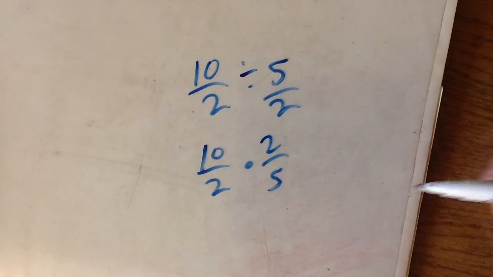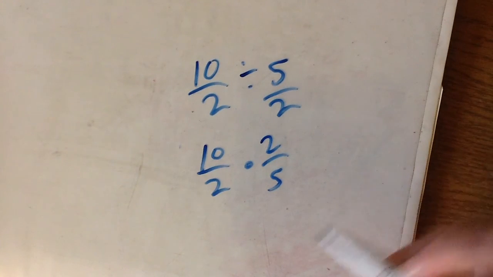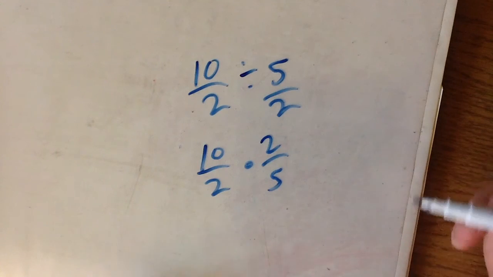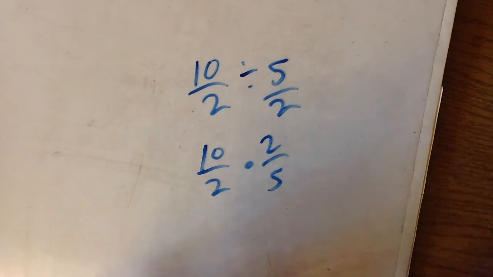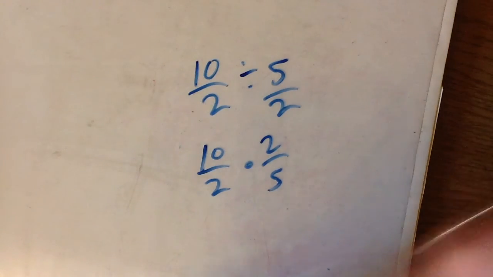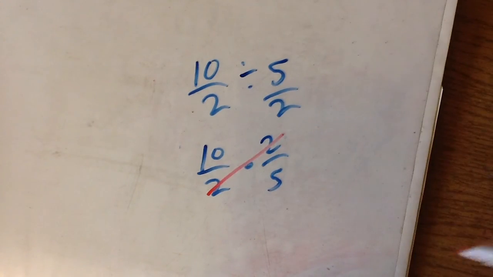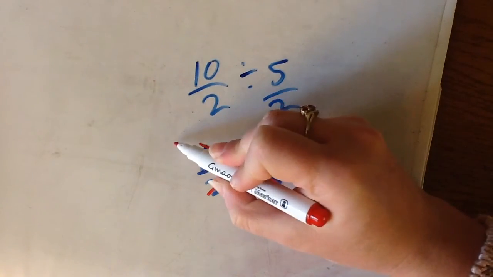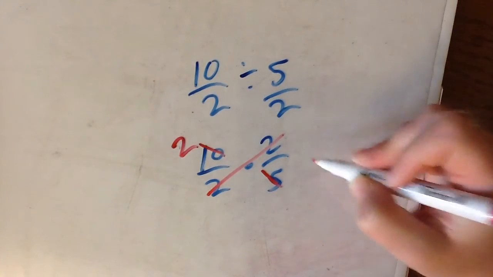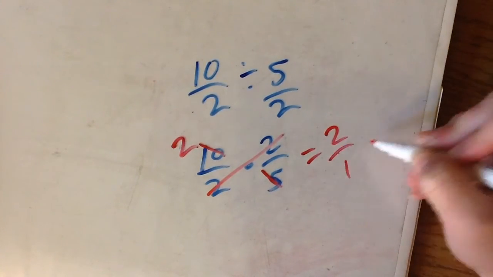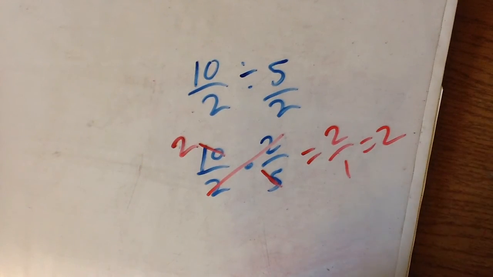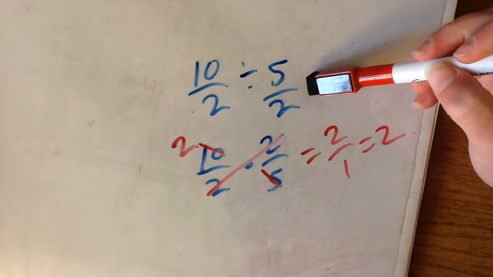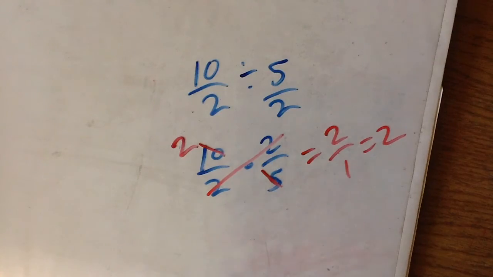We could just multiply everything and then reduce, but the whole cross-canceling thing is basically just reducing. So these 2's will cancel each other out because 2/2 is 1. Then 5 and 10 will cancel out, but the 10 is left behind by a 2. So this is 2/1, which is just 2. Basically I can get 2 of the 5/2 out of 10/2, which makes sense.